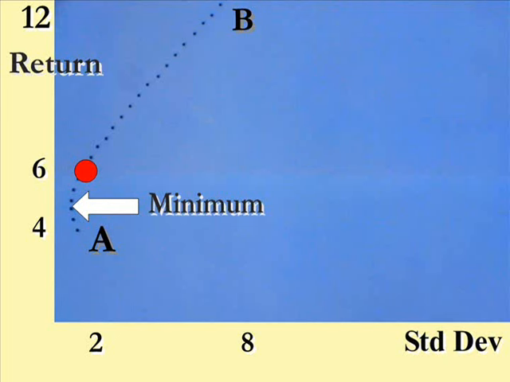Here's a graphic of a two-asset portfolio, and it shows the various combinations of rate of return and risk in standard deviation units, and shows the minimum, which may not be preferred but does show an absolute limit for any kind of irrational portfolio choices.